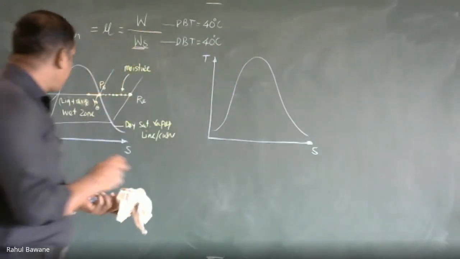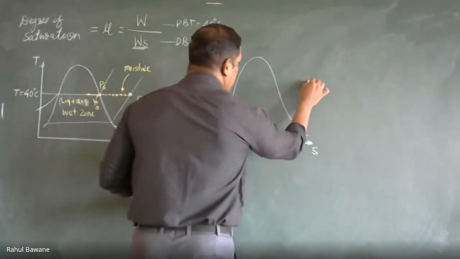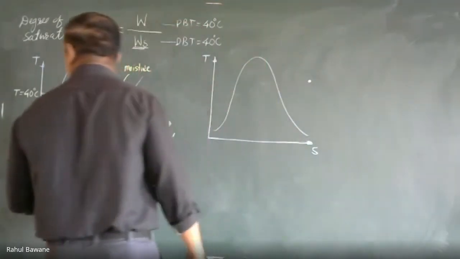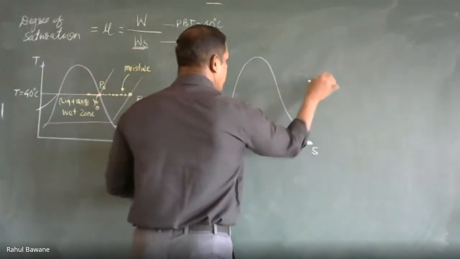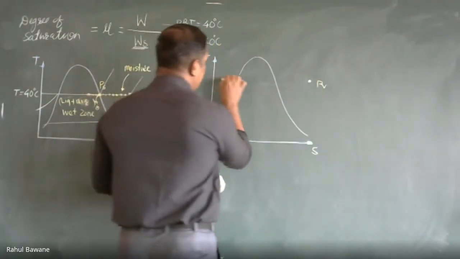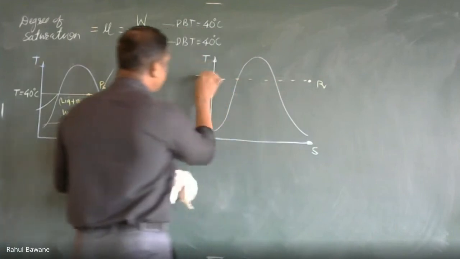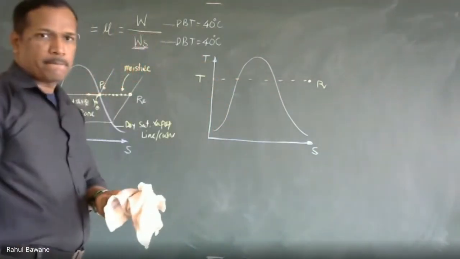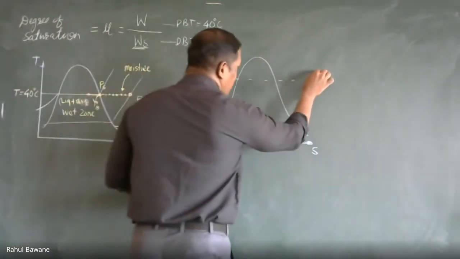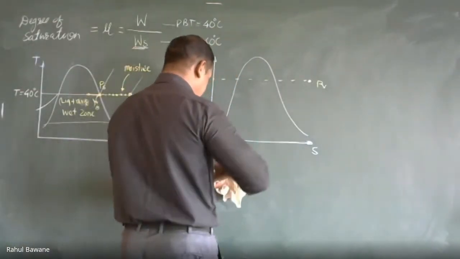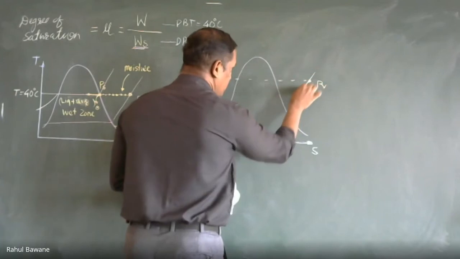Now my air is at this point. This is PV and this is at a temperature T. If I try to draw this pressure line, the pressure line will be like this.